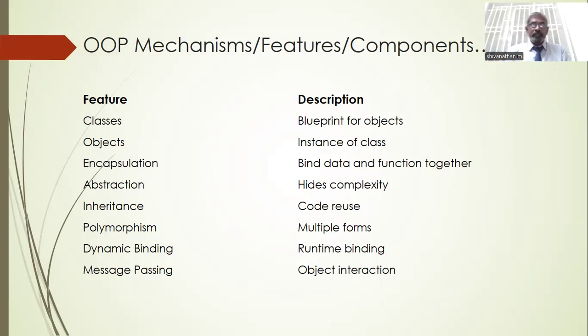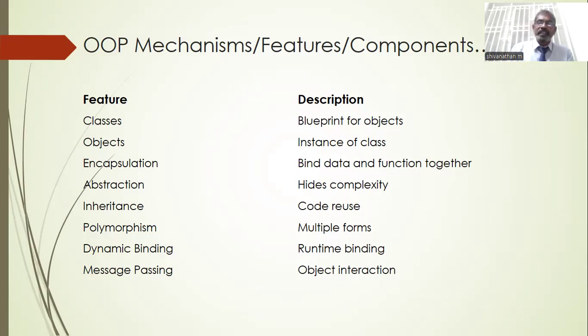So that's dynamic binding. Message passing is communicating between objects. You may have different objects. We had seen objects like student here. You can have another object, staff. These can have staff code, staff department, staff designation: assistant professor, professor, HOD, dean, director, like that.